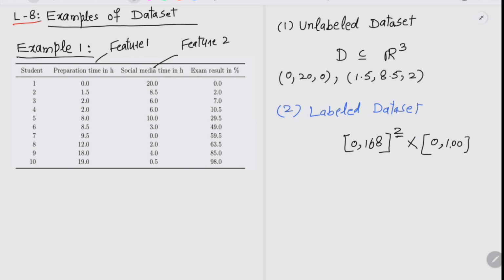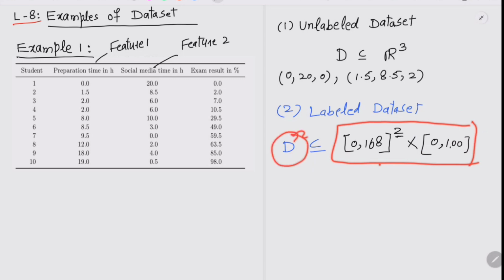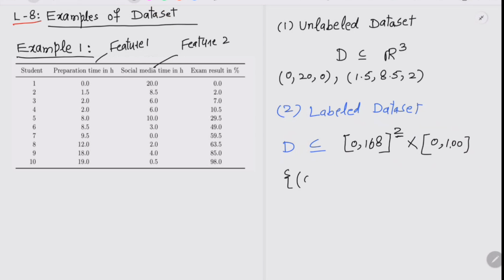This is your larger data. What will be the subset? The subset will be your data set. So these are the larger values, and from these values you are getting your data set. In this case, for example, we can write the data set as 0, 20, and then we have comma 0.